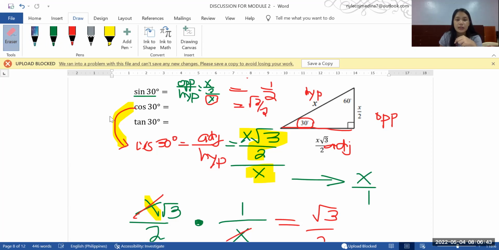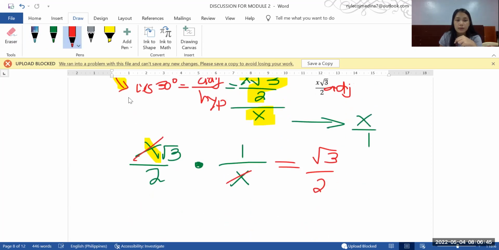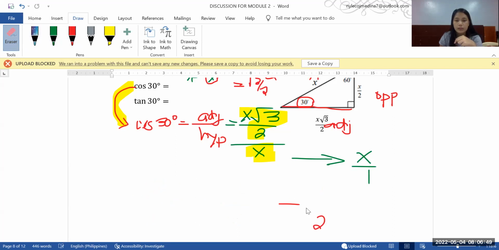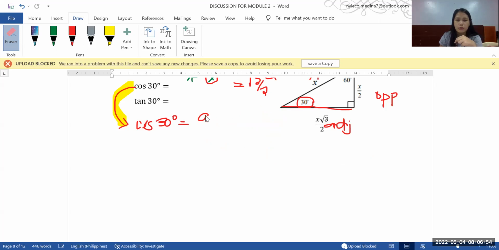What about tangent? Tangent theta. Let's erase this so that we at least have space.